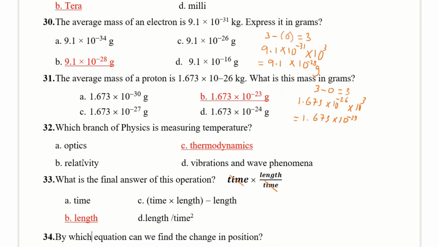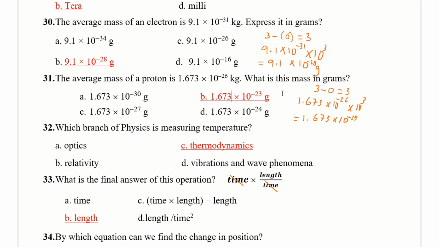Okay, the same thing, number 31 is also a conversion. So 1.673 times 10 to the power of negative 26. What is the mass in gram? So first of all, the exponent for kilogram is 3, minus gram is 0. So 3 minus 0, 3.